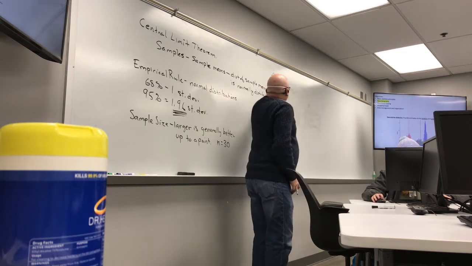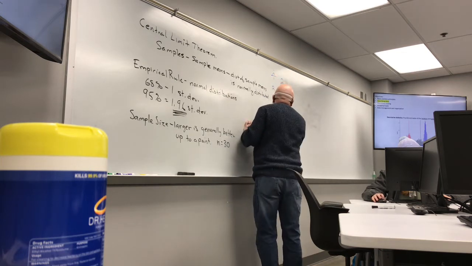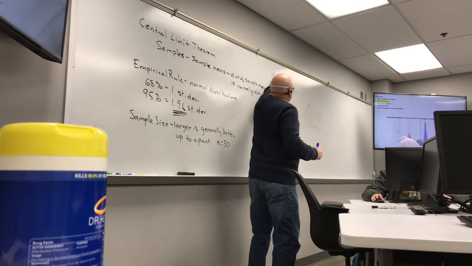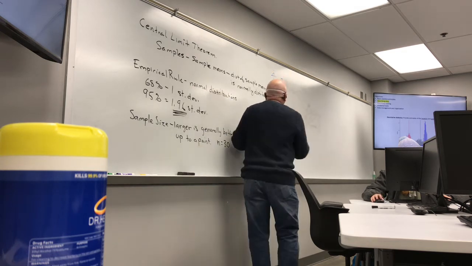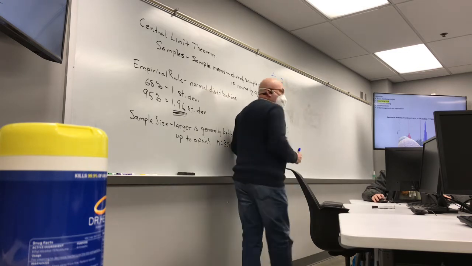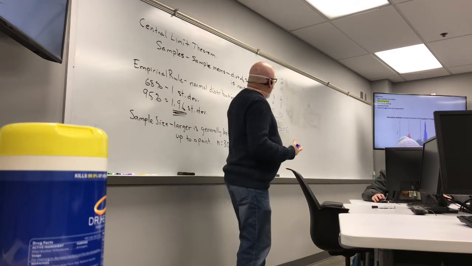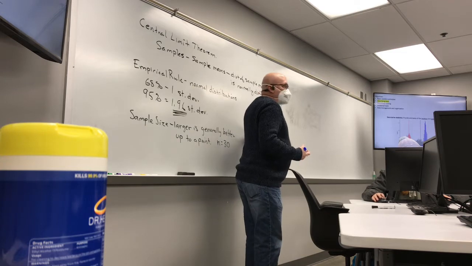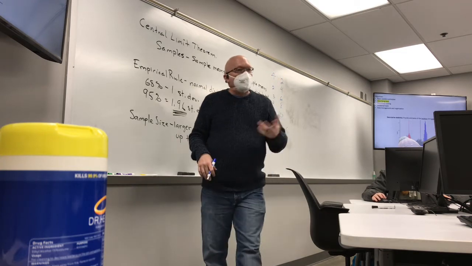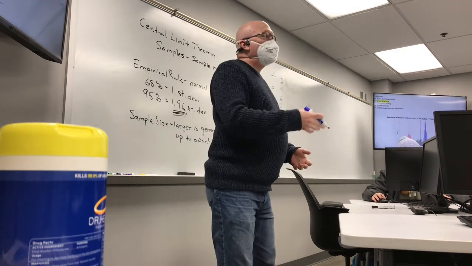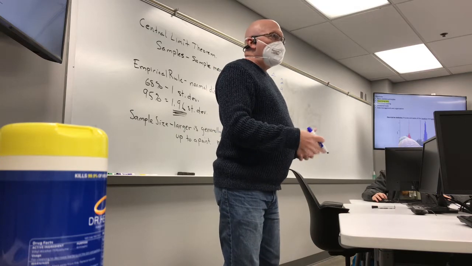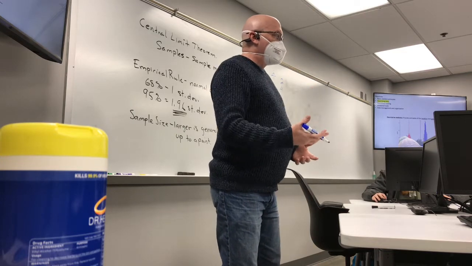So you add up all of the x's from i equals 1 to n. N is the total number that you have, and you divide that by n, the total number that you have. This equation just says add up all the x variables, all of them from the beginning to the end, and then divide by the number that you have.